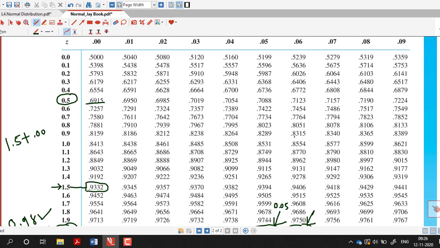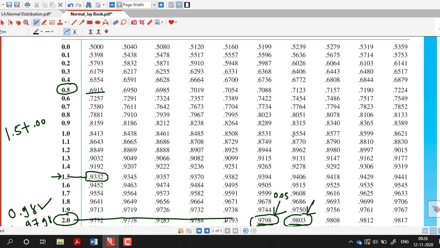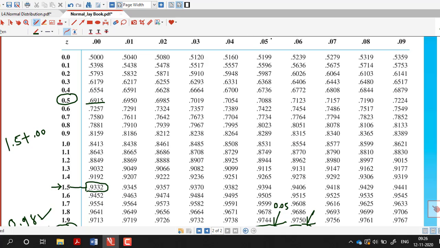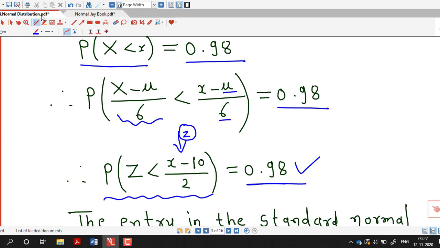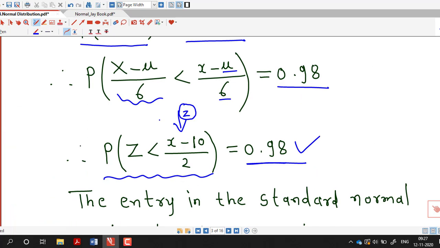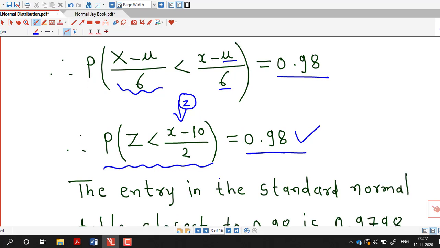It is under 0.05 and in the row corresponding to z equal to 2. So the entry corresponding to this value of area is z equal to 2.05. So (x minus 10) over 2 will be equal to 2.05.